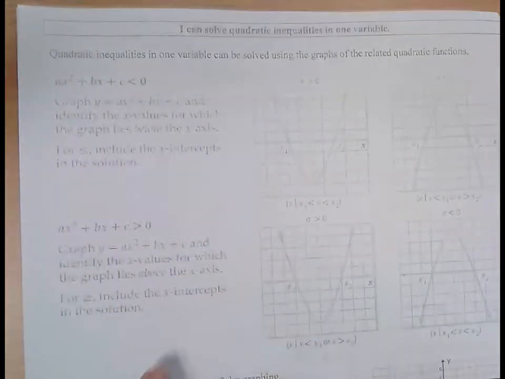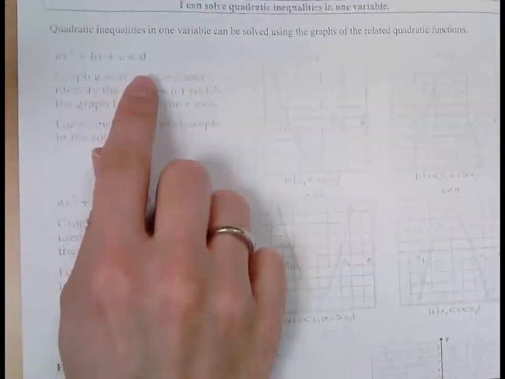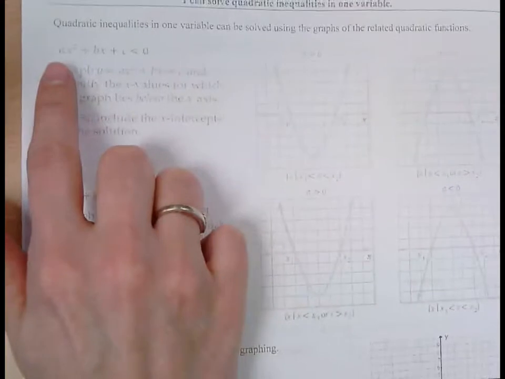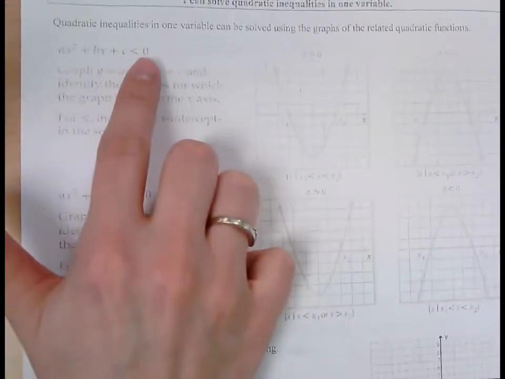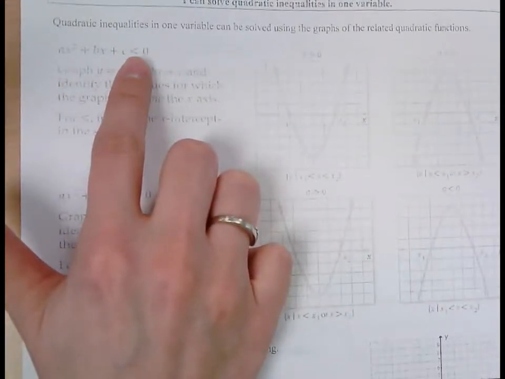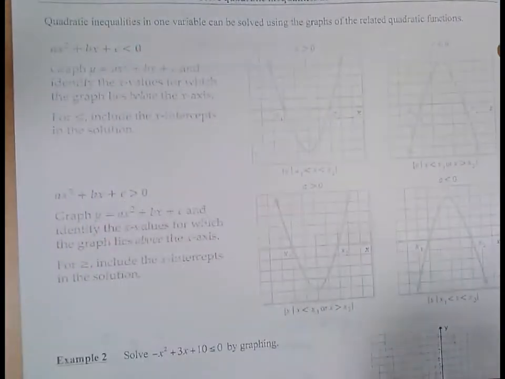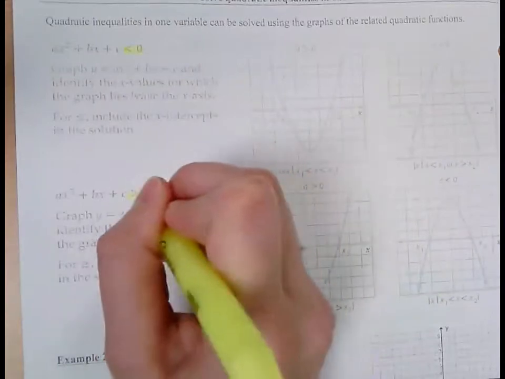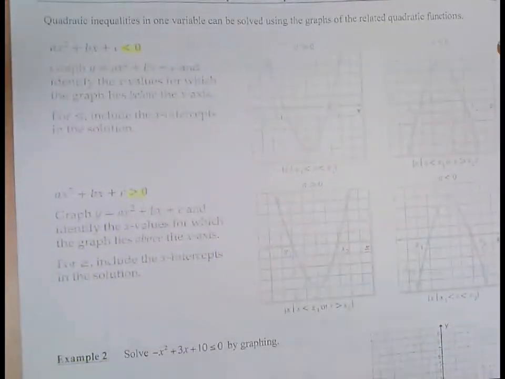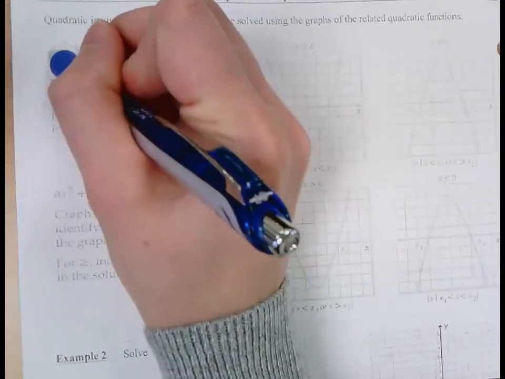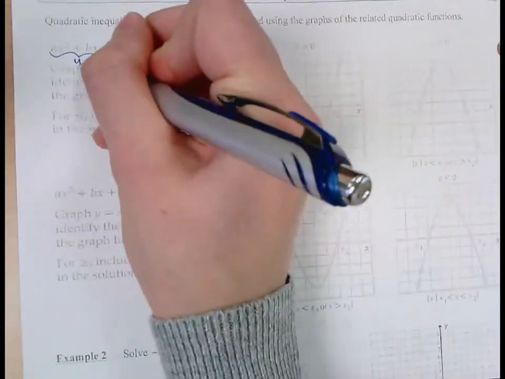So for your quadratic inequality, it's going to be in one of these 2 forms. Either it's ax squared plus bx plus c is less than 0, and this could be less than or equal to, or it's going to be greater than 0, or greater than or equal to. And then beneath each of those is explaining what that means on a graph. So the ax squared plus bx plus c would be referencing the y values of a graph.